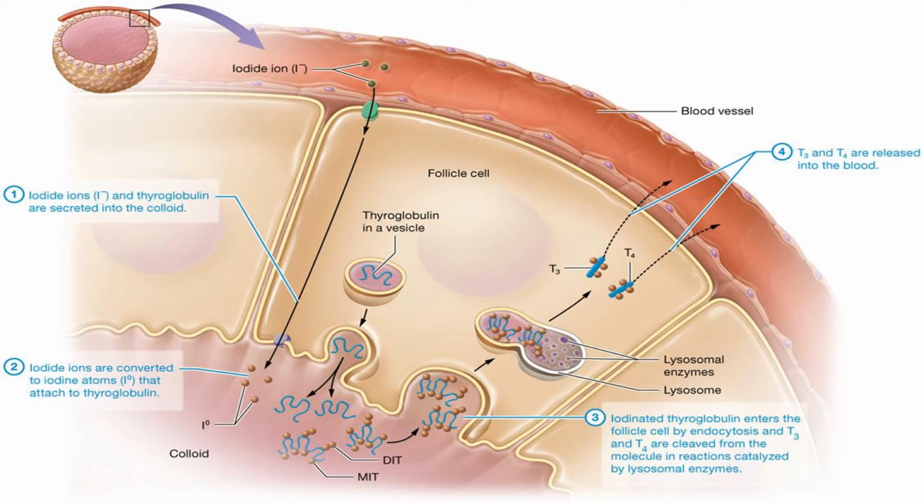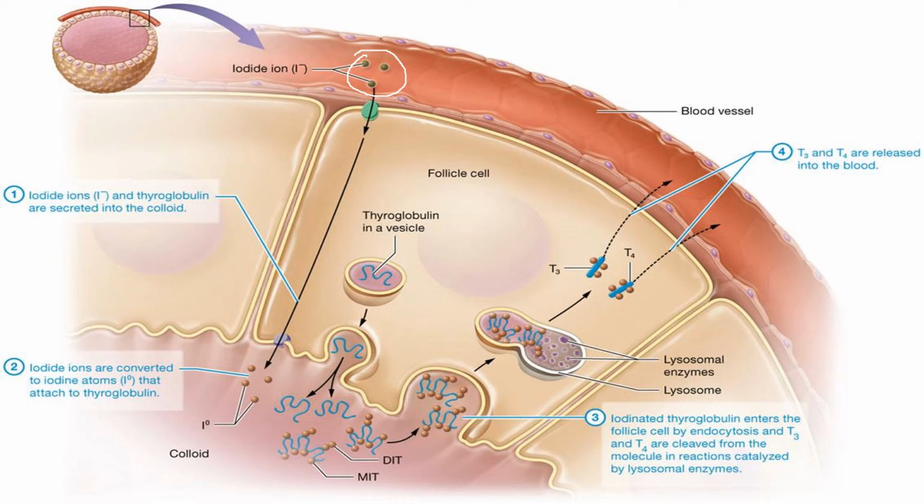And so here you see those iodide ions that will need to travel from the blood vessel into the interstitial fluid, and from the interstitial fluid into the follicle cell.